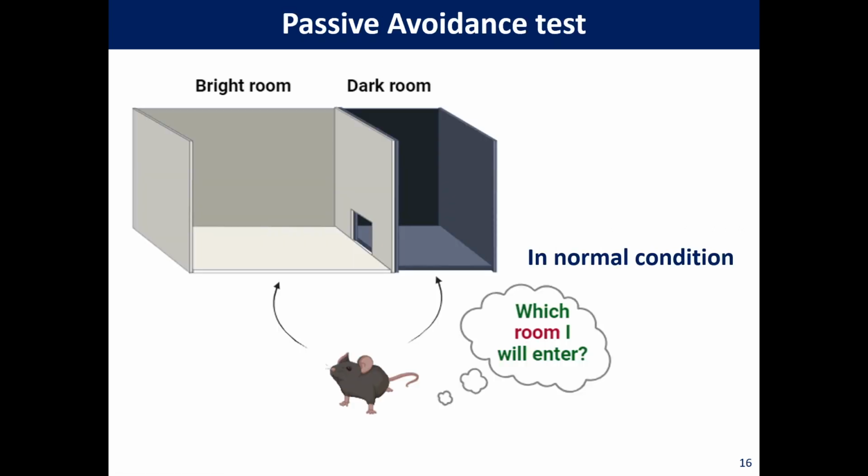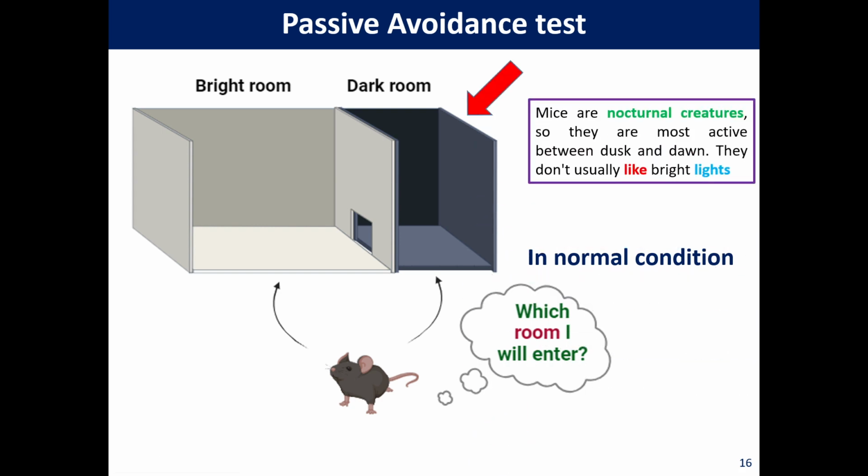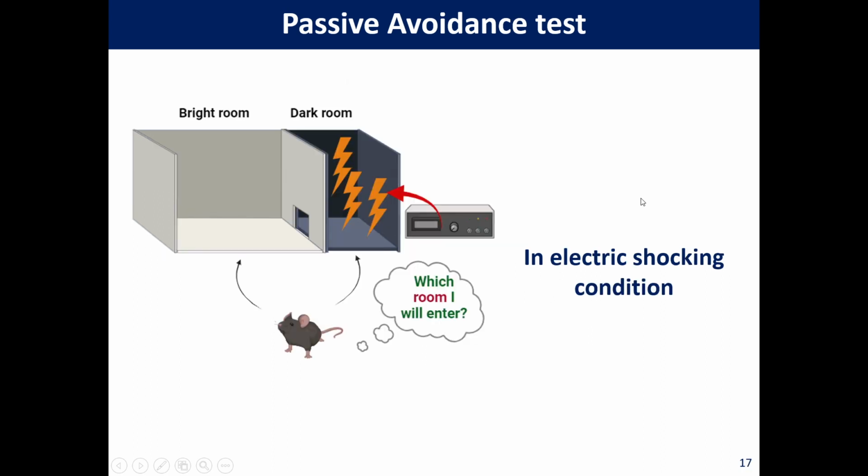Now talking about passive avoidance. I have two rooms, a bright room and a dark room, and in the normal condition, which room will the mice enter? As you know, mice are nocturnal creatures, so they love the dark rather than the light. So here the mice will go to the dark room rather than the bright room. In the case where we use an electric shock to their foot, which room will the mice enter?